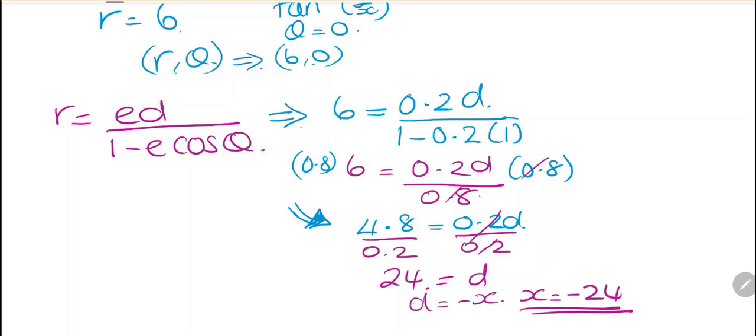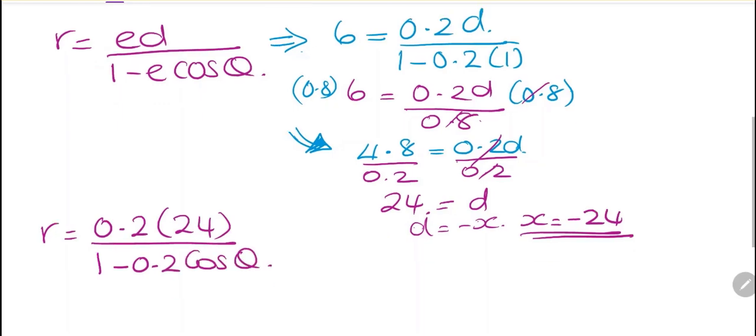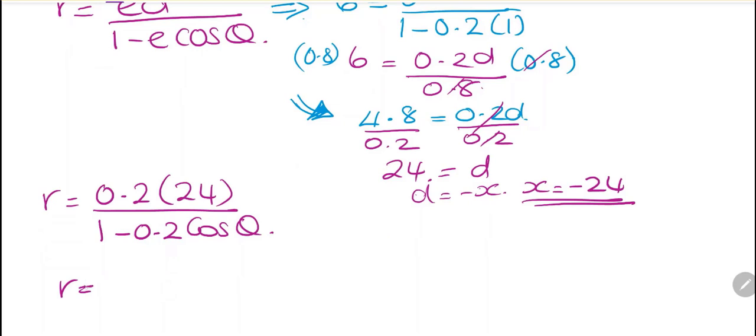So now we need to put this into the equation. So r is equal to e, so 0.2, times the directrix 24, and then we have 1 minus 0.2 cosine theta. So 0.2 times 24, so we're going to have a fraction. What we're going to do is multiply, because 0.2, if we multiply this by 5 to make it 1, we do the same with the bottom, multiply by 5.